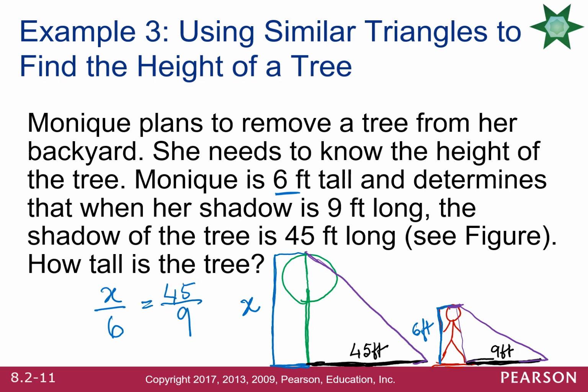It's going to be the length of the shadow of the tree divided by the length of the shadow of Monique, right? So now that we have set up the problem in the form of ratios, let's see how to solve it. We just have to solve for x at this point, but let's go to the next slide and see if they have a similar figure.